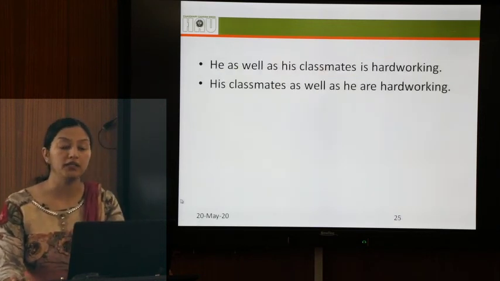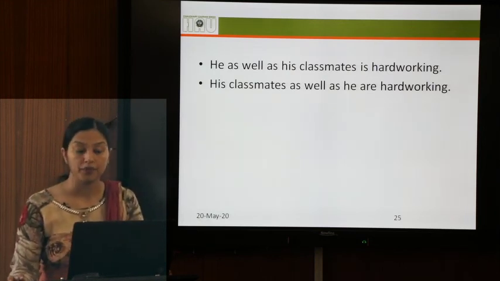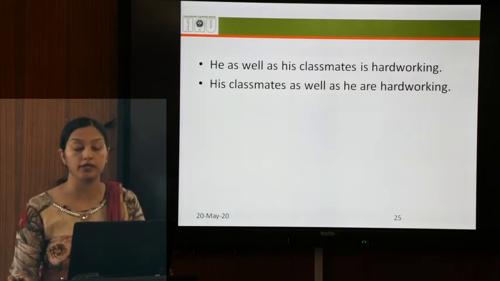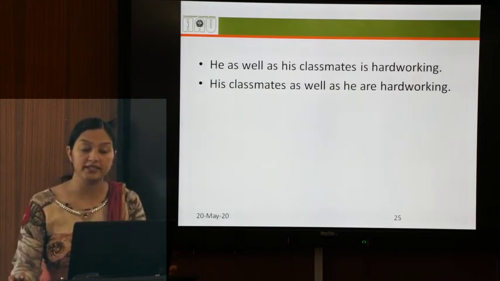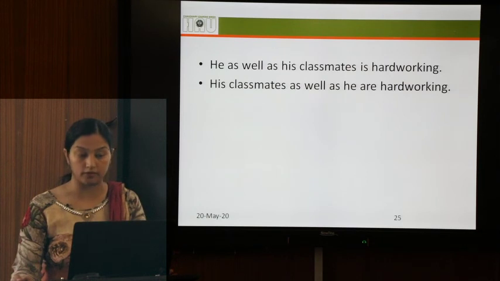One more example, he as well as his classmates is hardworking. His classmates as well as he are hardworking. So whenever "as well as" appears in a sentence, the verb will go in accordance with the first subject. Okay. So in the first example, the first subject was singular.